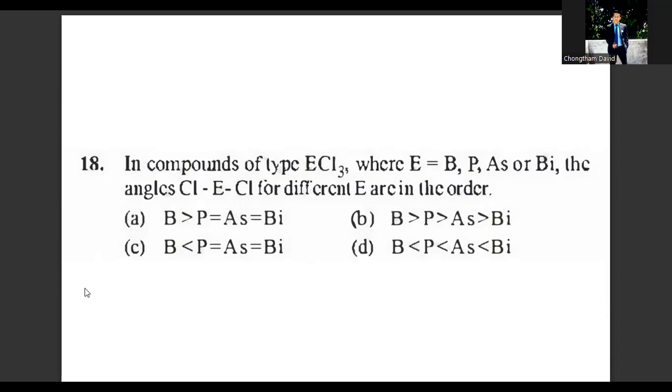Even bismuth trichloride has trigonal pyramidal geometry. So the bond angles are below 109 degrees 28 minutes and decrease from phosphorus chloride to bismuth chloride. So the answer for question number 18 would be boron, phosphorus, arsenic, and bismuth. This is the answer for question number 18.